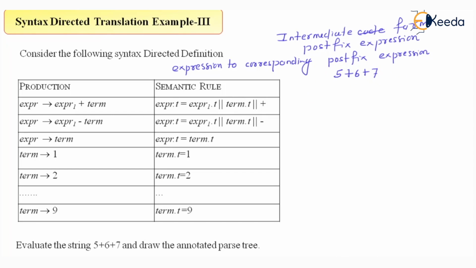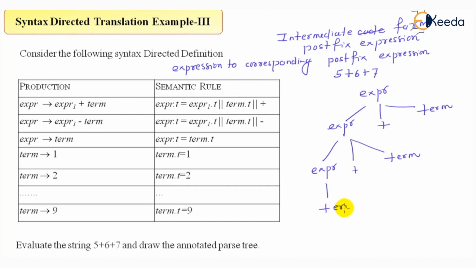as usual we will draw the parse tree first. I will use this grammar to derive this, and we have two plus operators. So expr will derive expr plus term, and then again we will have expr plus term, expr to term, and term will derive 5, term will derive 6, and term will derive 7.